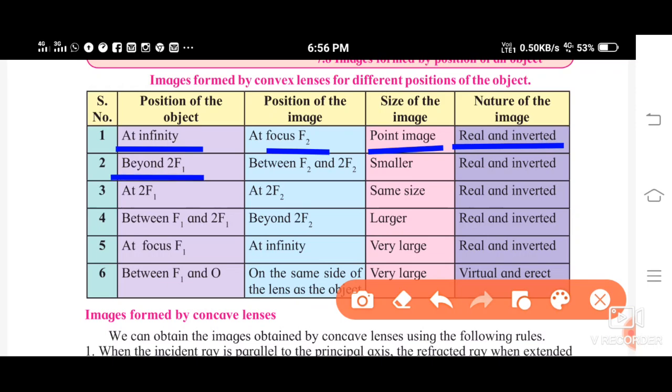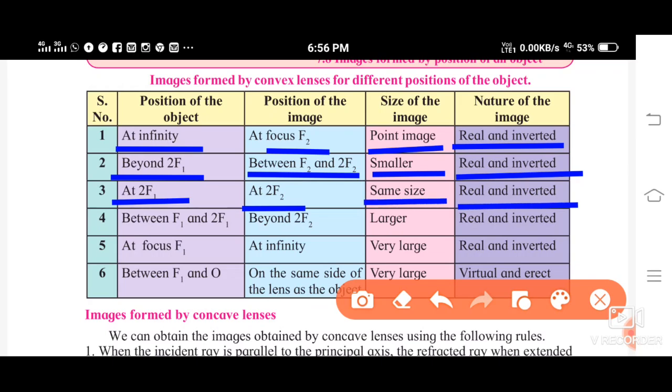Beyond 2f1, the image is between f2 and 2f2. The size of the image will be smaller. Again, real and inverted image. Now when you keep it at 2f1, the image will also be formed at 2f2. The image will be of the same size. Nature of the image will be real and inverted.